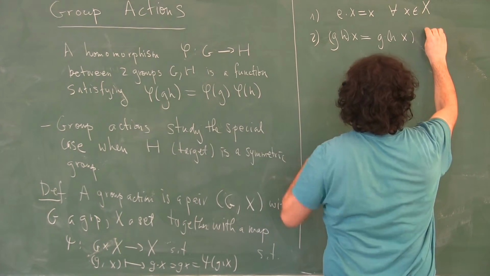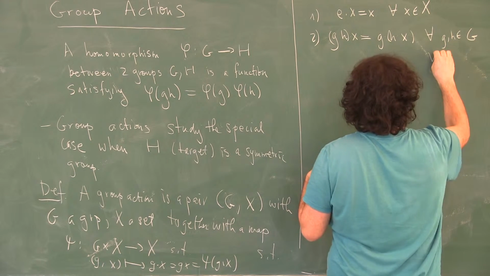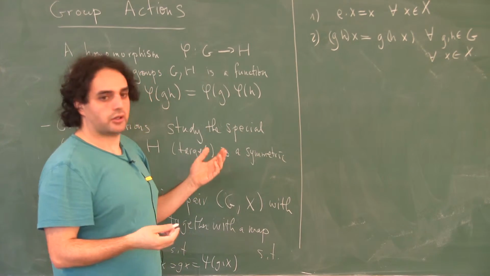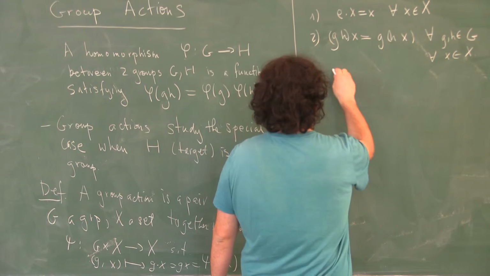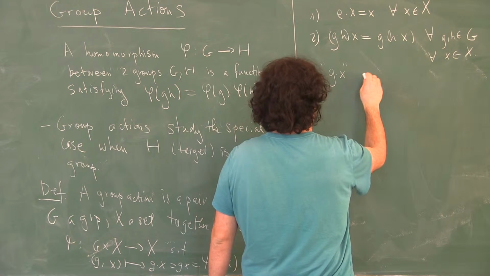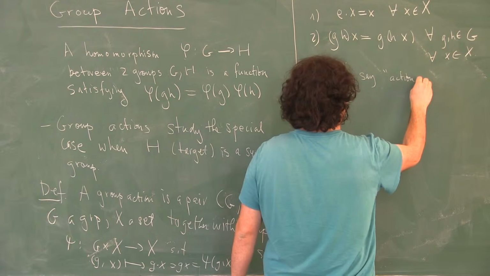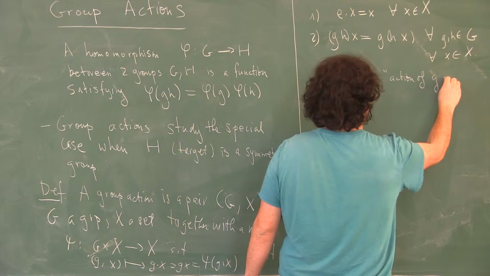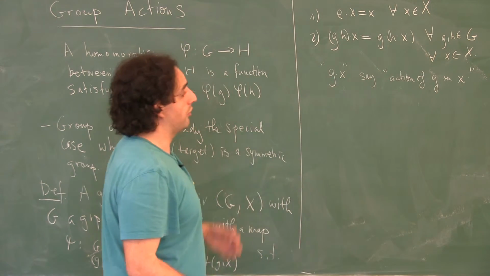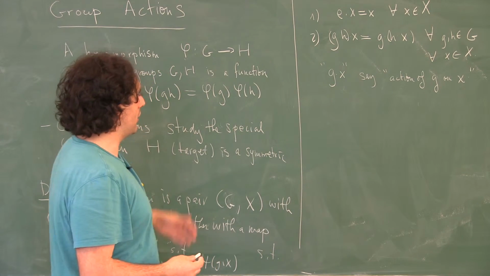And we want these to be equal for all g and h in G and for all x in X. When we do g dot x, we say the action of the element g of the group on the point x of the set X.